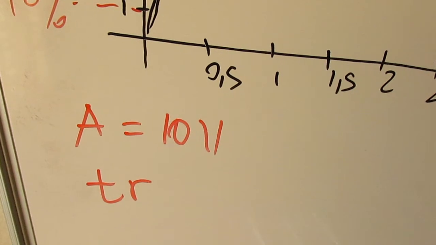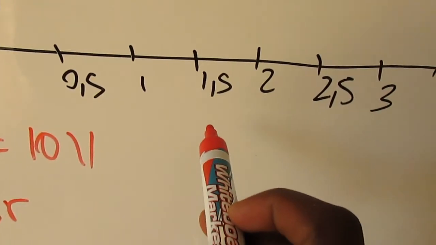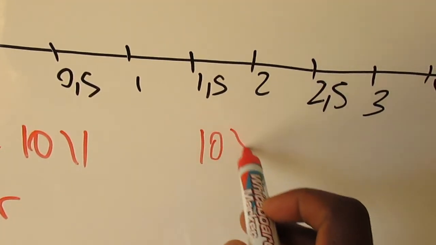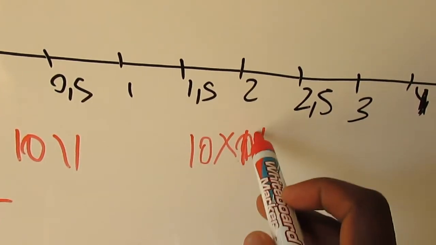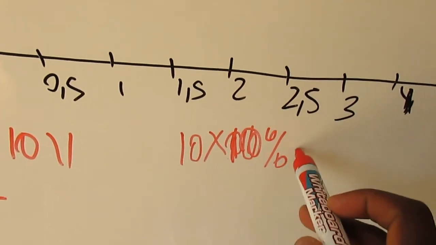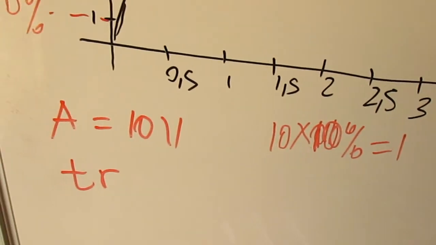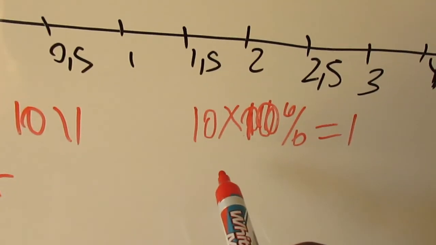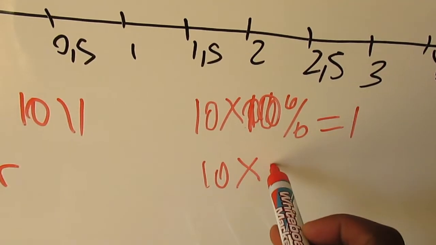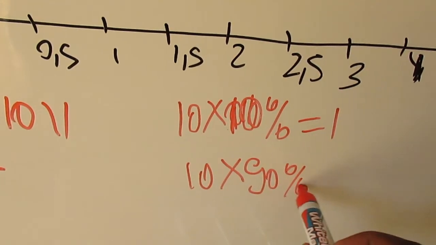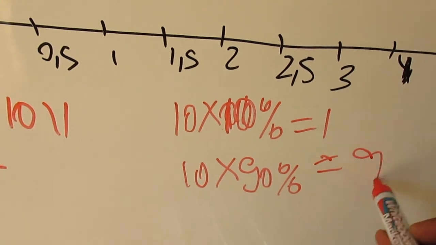Okay, and it's simple to do the calculation. Just take 10 times 0.1, or times 10% of the amplitude. So it's going to give you 1. Again, you look for your 90% of 10. 10 times 90% will give us 9.